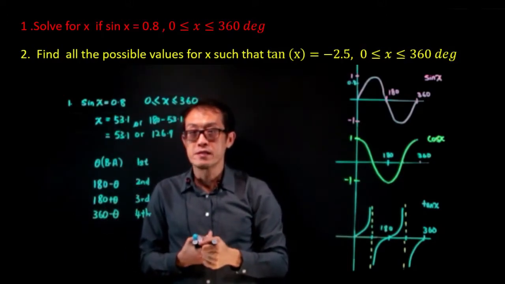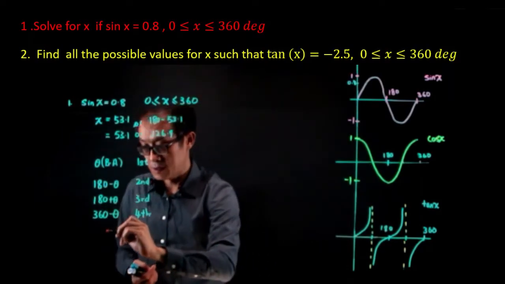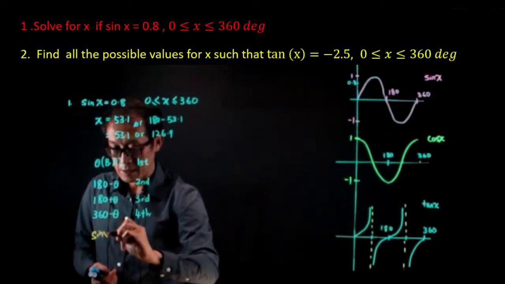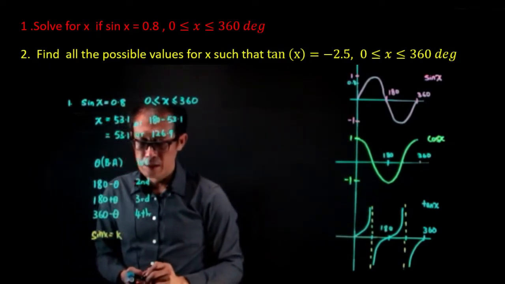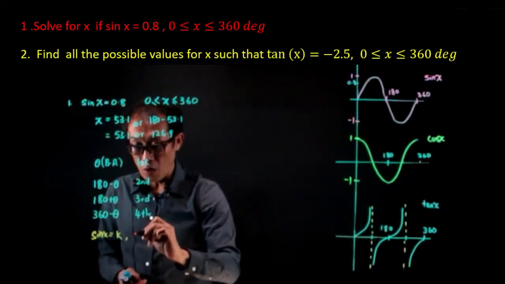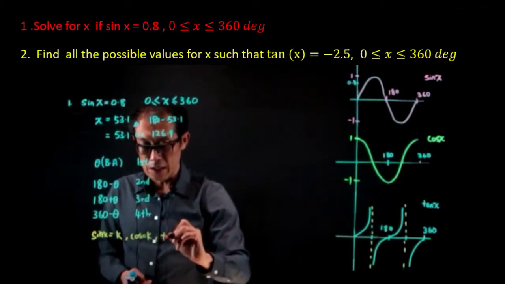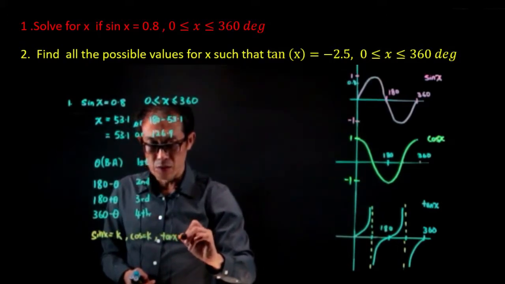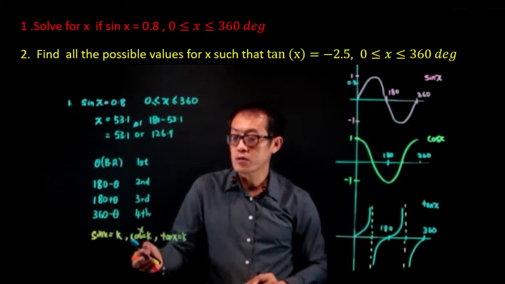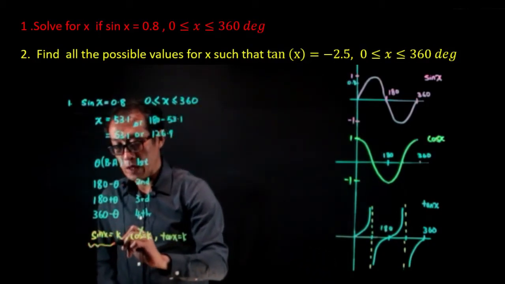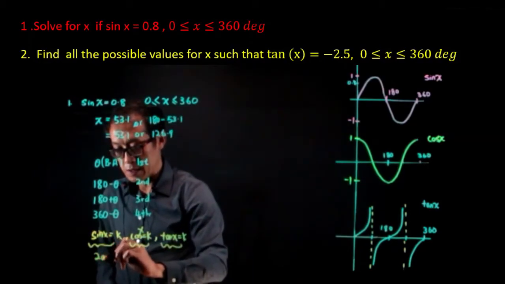when you are given sine x equals k, or cos x equals k, or tangent x equals k, there's an x here, sorry, then you will find that in each of them, x will have two answers in general.